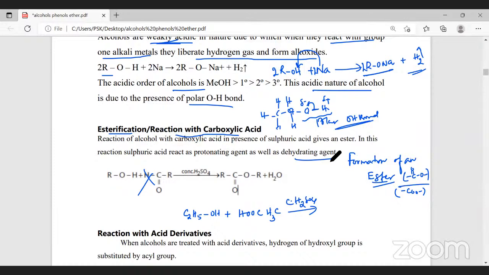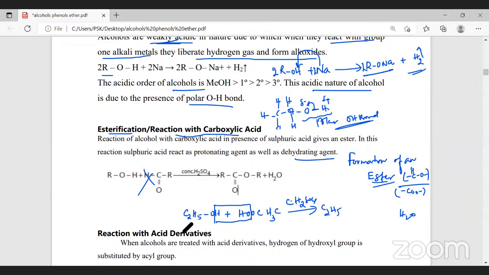Dehydration means removal of water. Since concentrated sulfuric acid is a dehydrating agent, it removes water. So the hydrogen atom from the alcohol and the OH group from the carboxylic acid get eliminated as H2O. When they get eliminated as H2O, what do you have now?